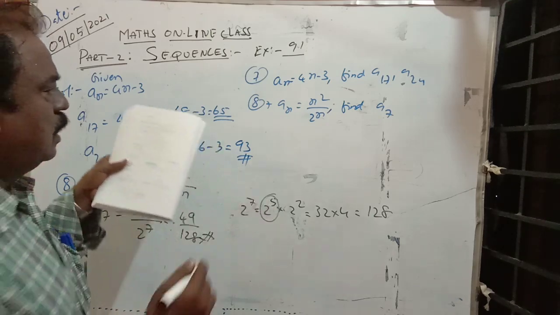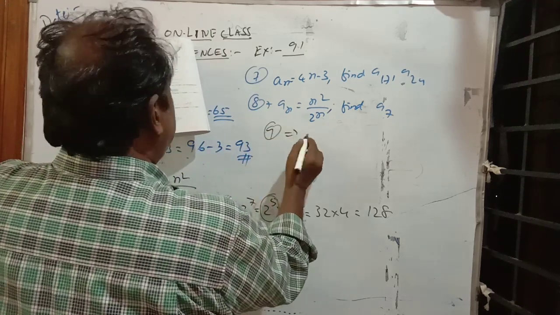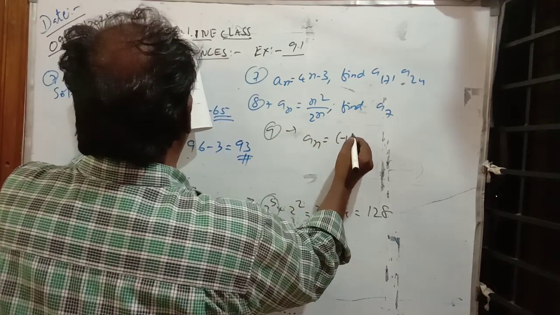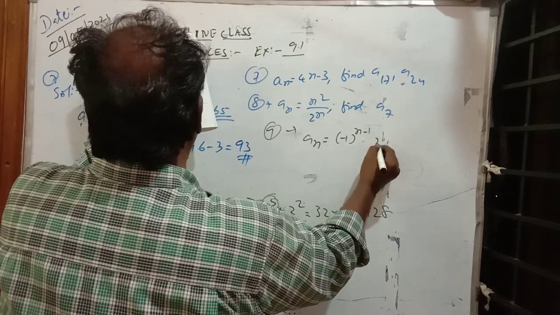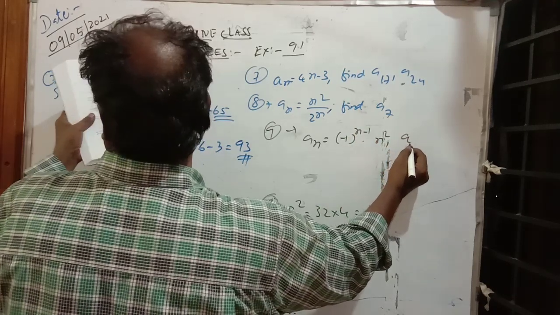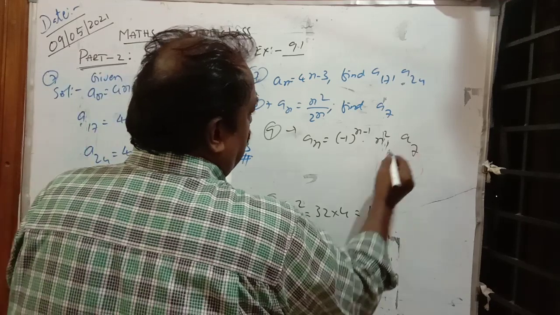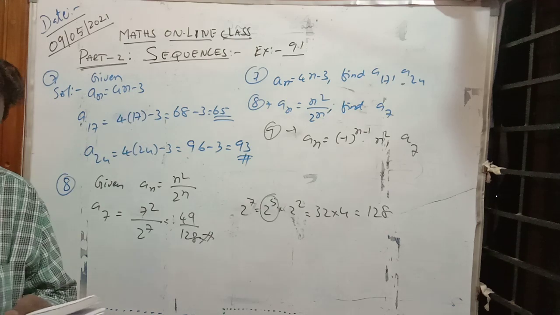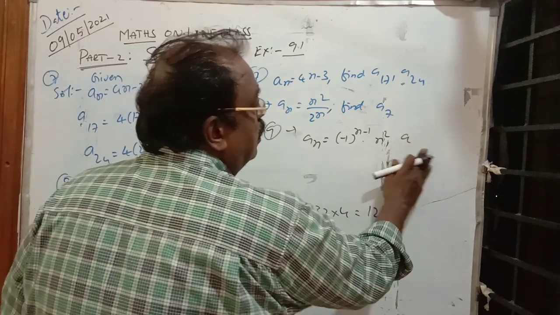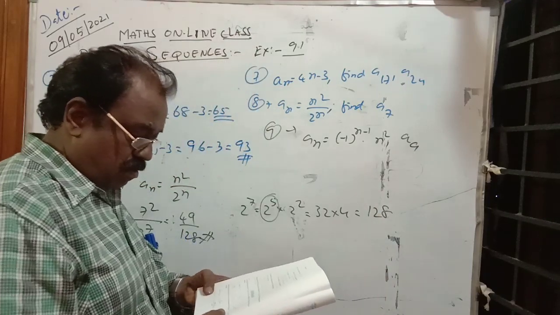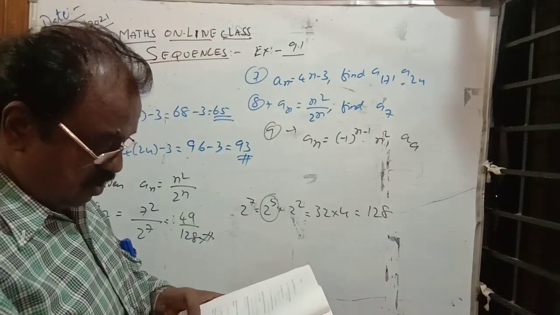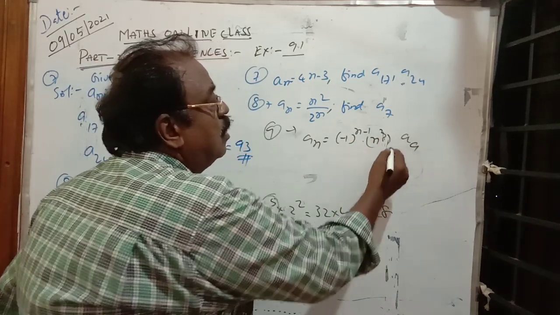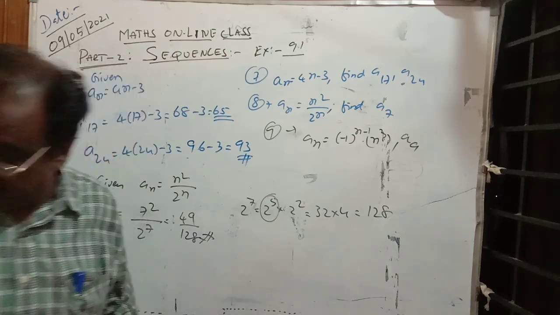The 9th one is An is equal to minus 1 power n minus 1 into n cube. We have to find A9.